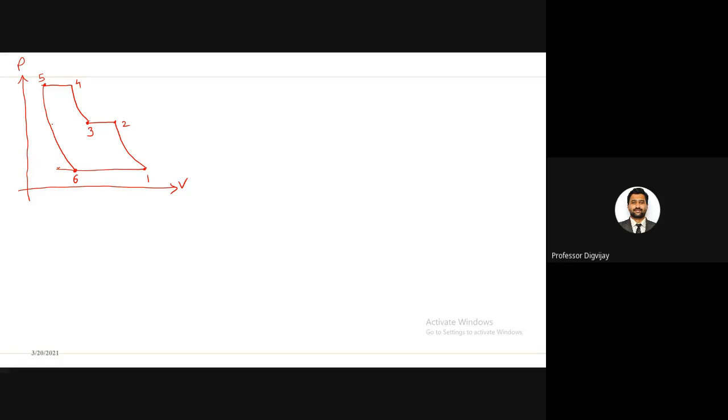Let us say this is your point 6, and this is point 7. As you can see, in case of a multi-stage compressor, we have saved this amount of work.